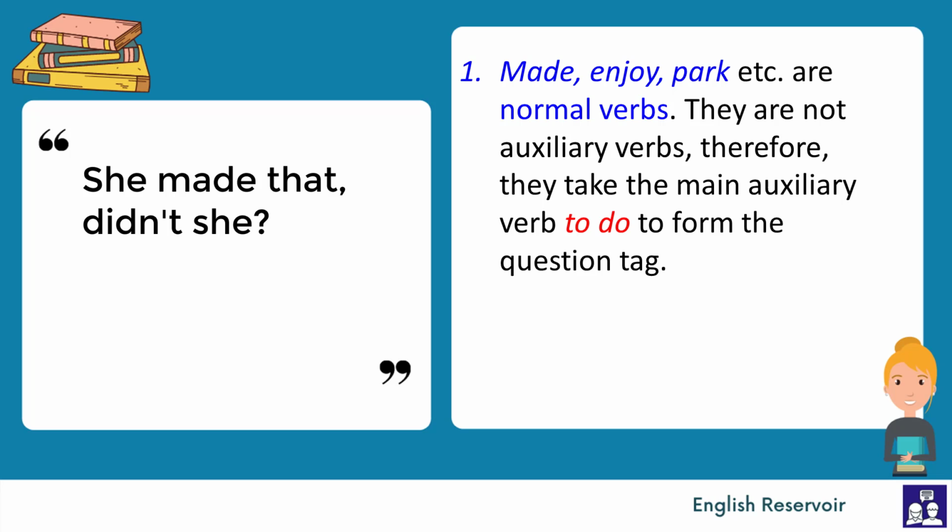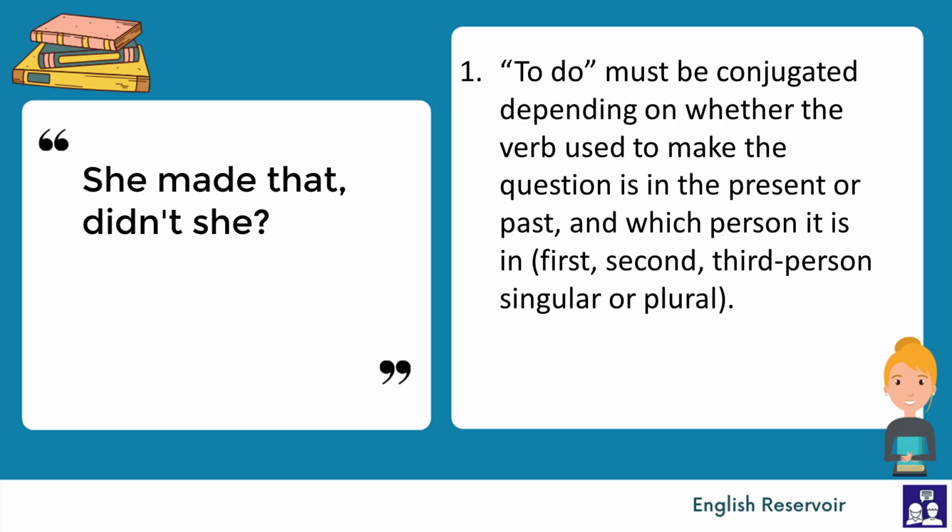She made that, didn't she? Made, enjoy, park, etc. are normal verbs. They are not auxiliary verbs, therefore, they take the main auxiliary verb, to do, to form the question tag. To do must be conjugated depending on whether the verb used to make the question is in the present or past, and which person it is in, first, second, third person singular or plural.